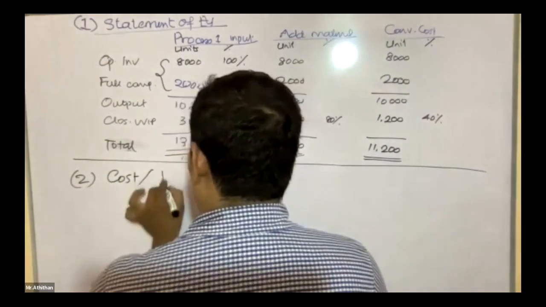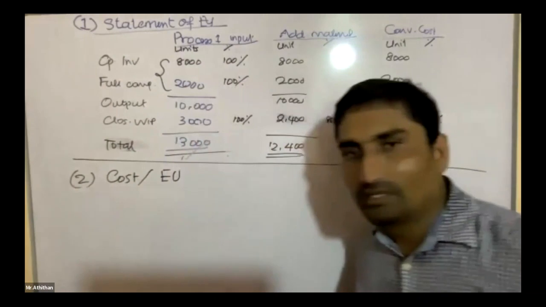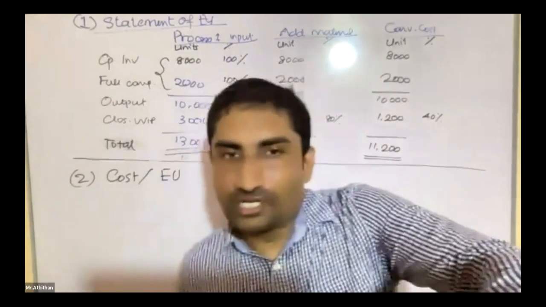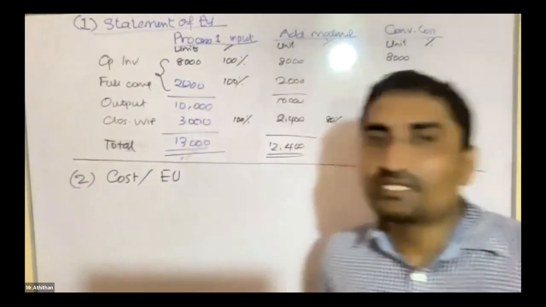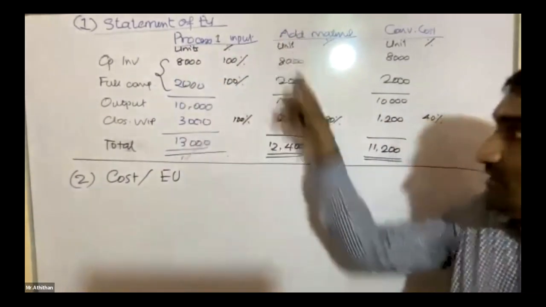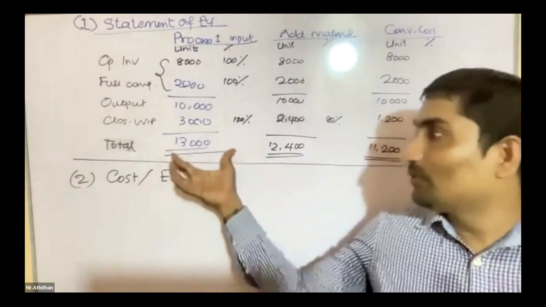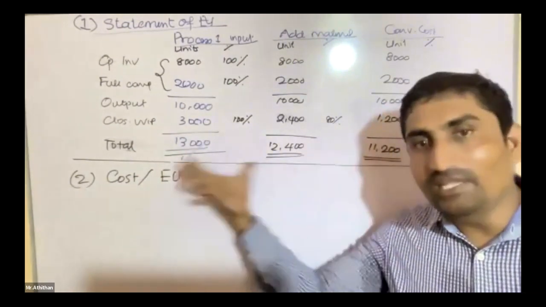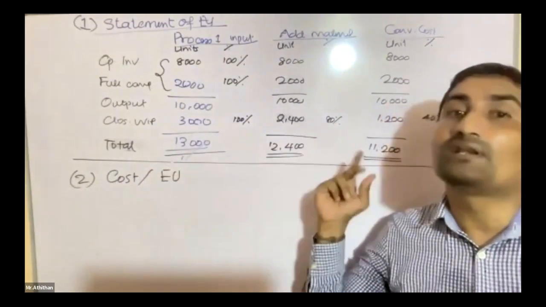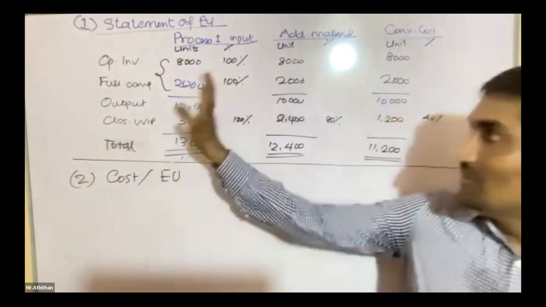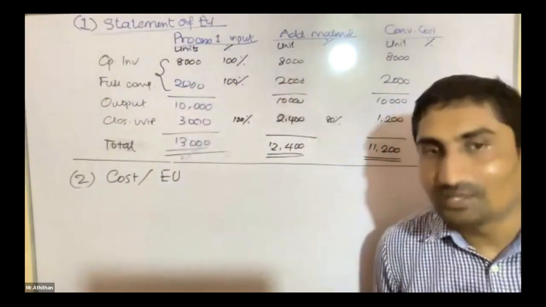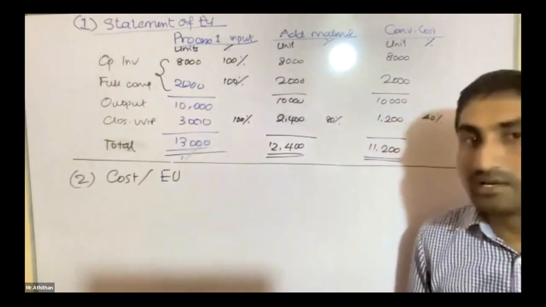Cost per equivalent unit. If you want to understand this, there are 3 different input items. 3 வேறுபட்ட inputs இருக்கு. ஒவ்வொரு inputக்கும் தனித்தனியா பார்க்கணும். We need to do the valuation separately for every input because every input is different. So we need to take the total cost first.